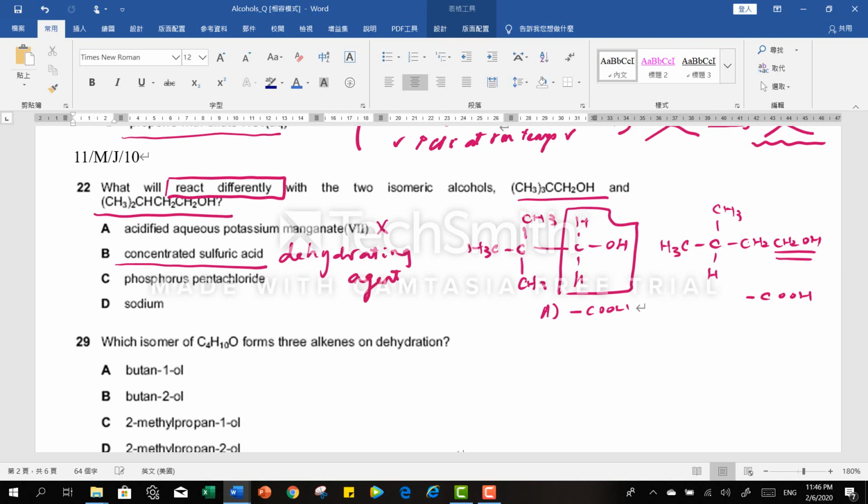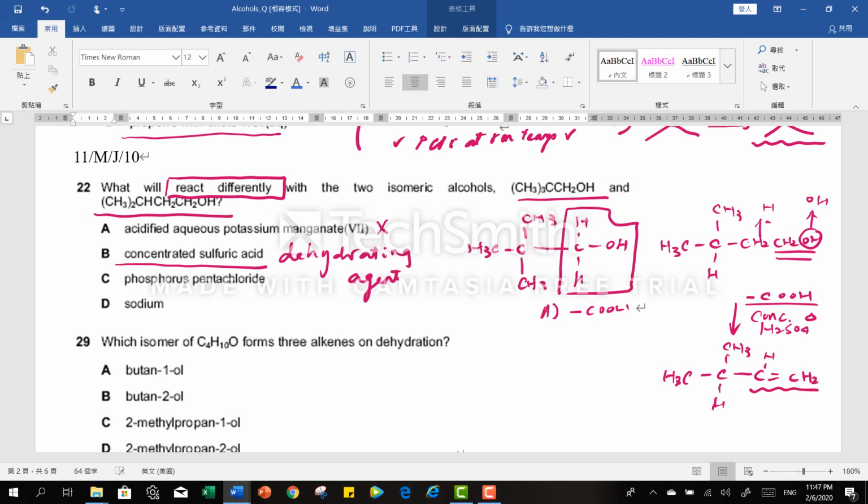This one is going to remove water by taking one H from here and the OH from here. So if you add concentrated sulfuric acid together with heat, you will get an alkene here.